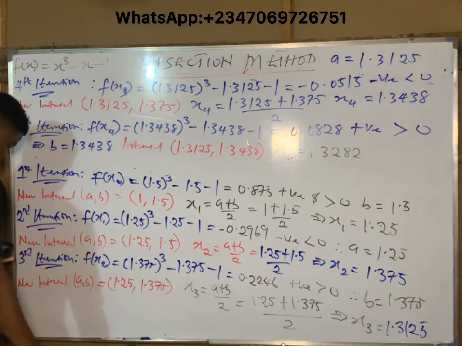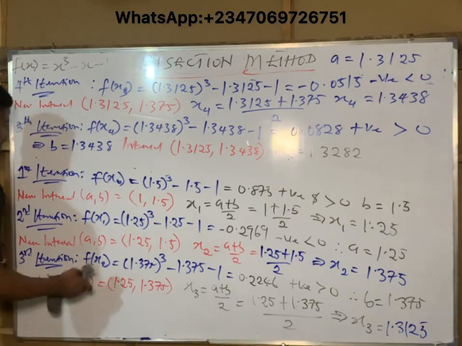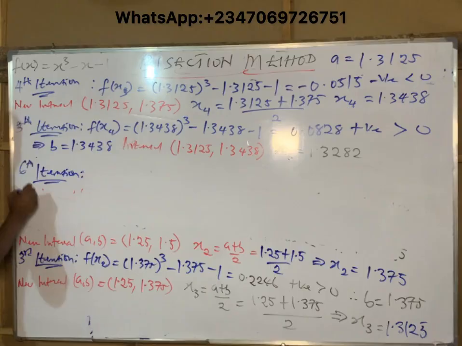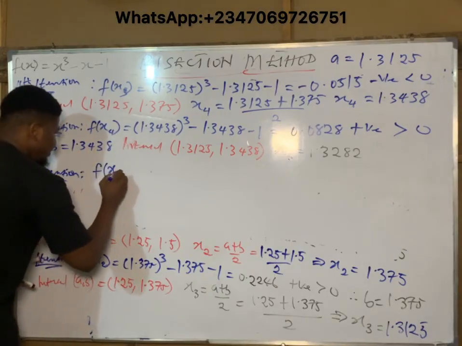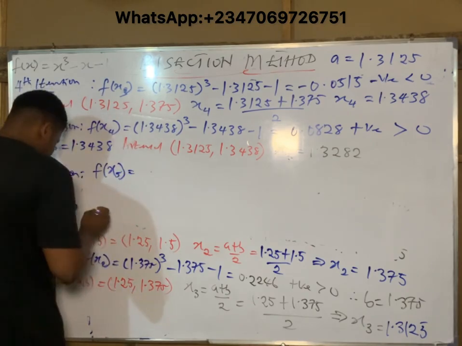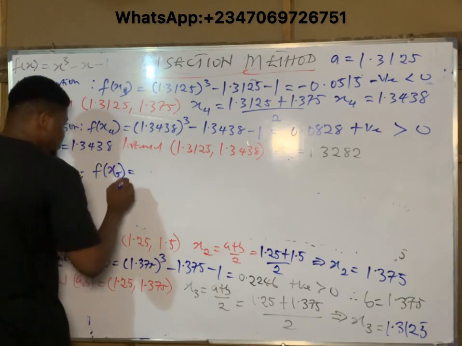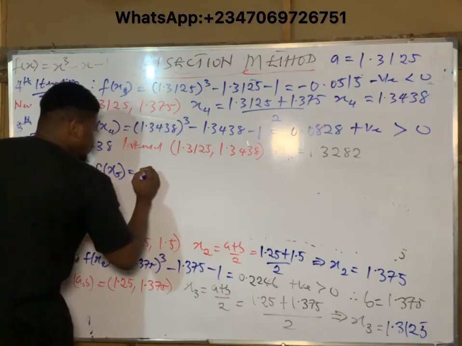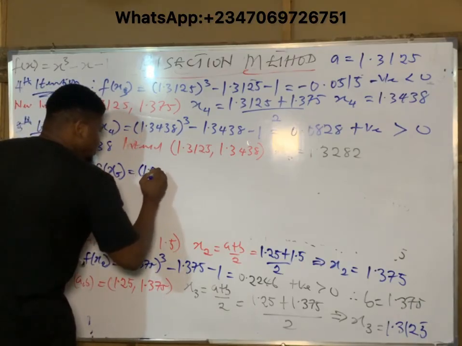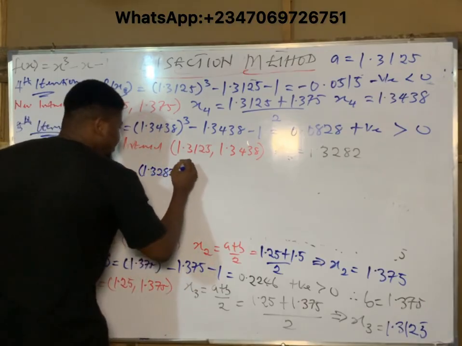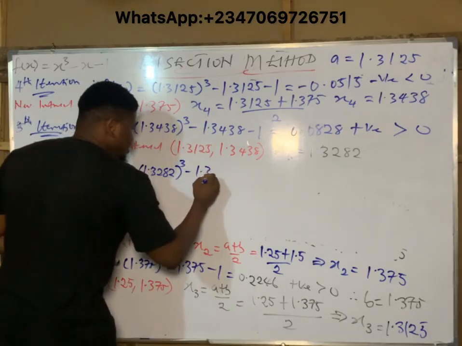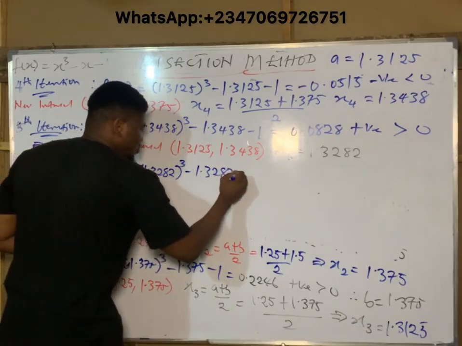So we'll continue with our iteration. Now we proceed with the 6th iteration. That becomes f of x5, and x5 gives us 1.3282. So we have x cubed, which is 1.3282 to the power of 3 minus 1.3282 minus 1.